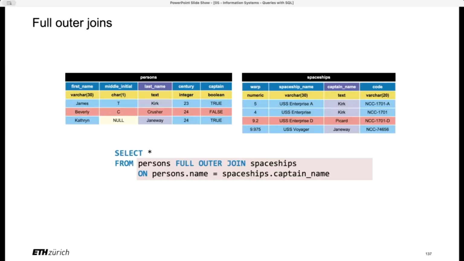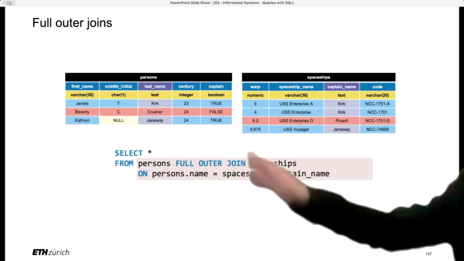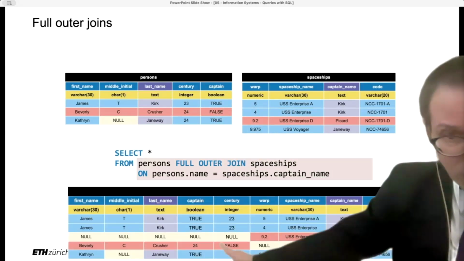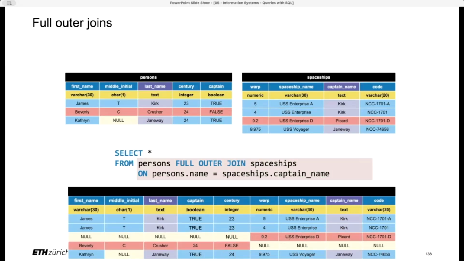And finally, I have the full outer join if I want to include everything from the left and from the right, all the records that don't have a match. So now I just include them all, right? So it means I have 4 categories: inner join, left outer join, right outer join, and full outer join.